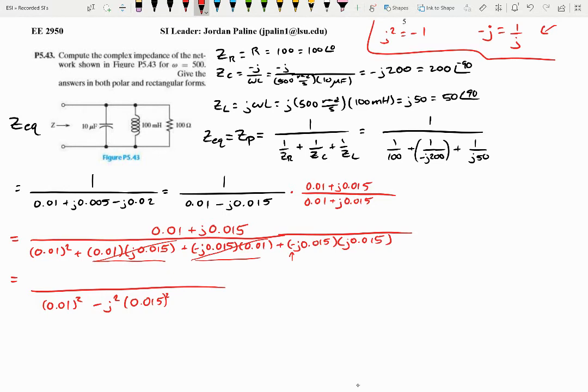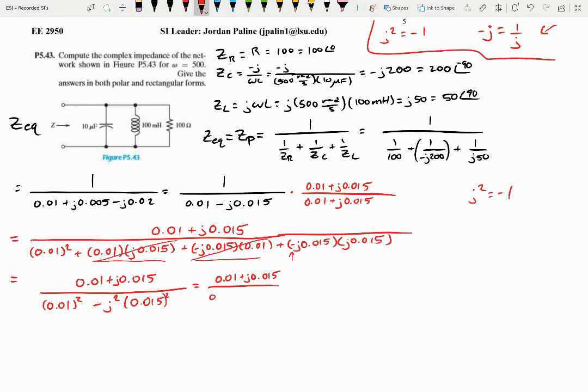You remember from what we had up here, j squared is equal to negative 1. So 0.01 plus j 0.015. Filling that in. Save a little bit of space. Okay. So when we do that, now we'll have 0.01 plus j 0.015. Like we said, j squared is going to be equal to negative 1.